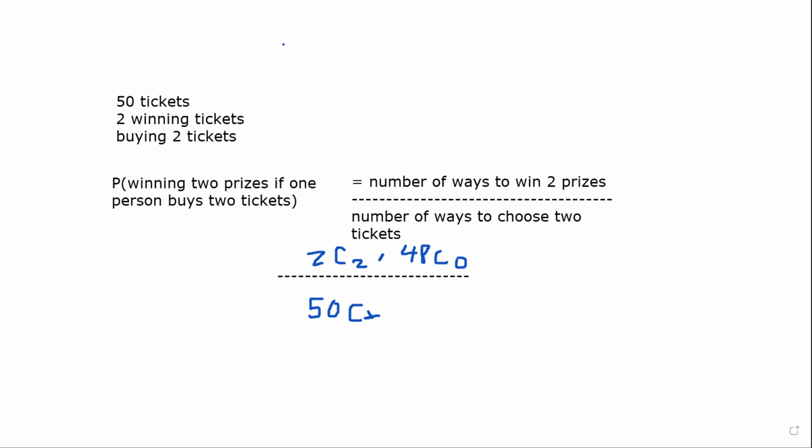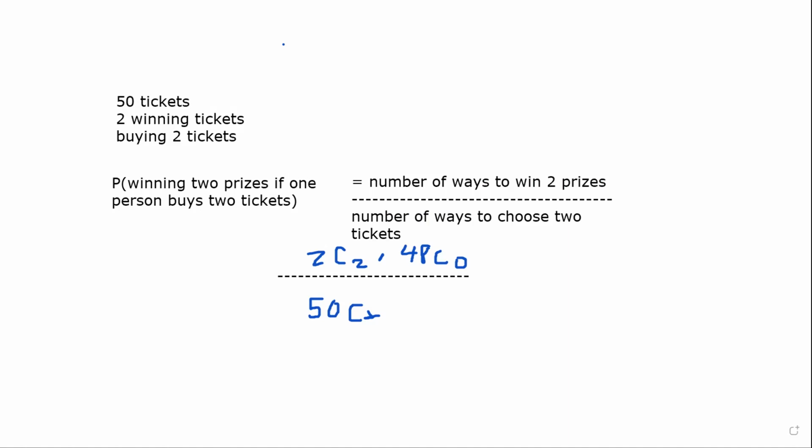So 2 choose 2 times, if you want to use the other portion, you can. So times 48 choose 0. Because there's 48 losing tickets and we're not choosing any of those. We're just choosing the 2 winning tickets from the 2 tickets that we buy, and we're not buying any from the other group.